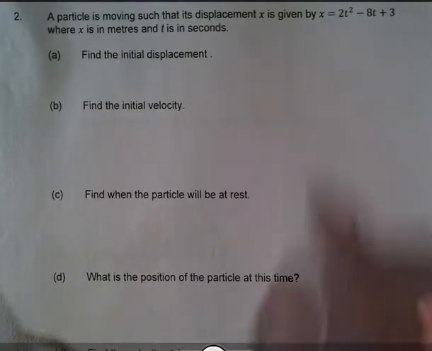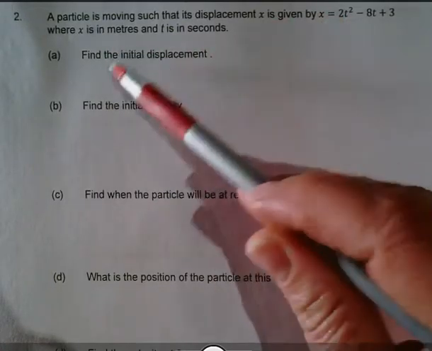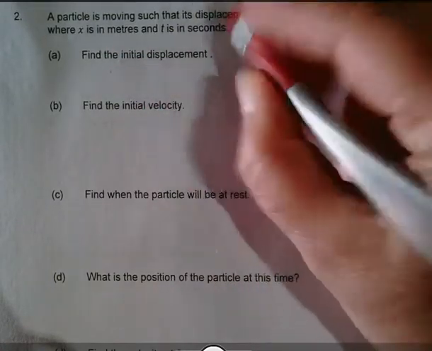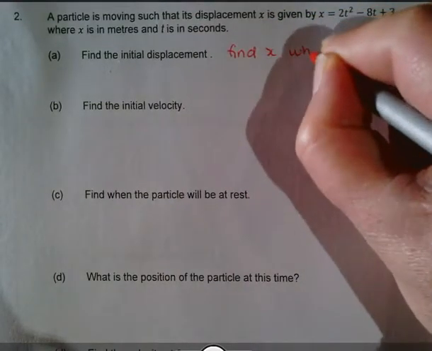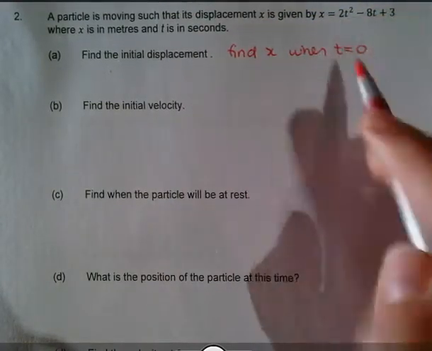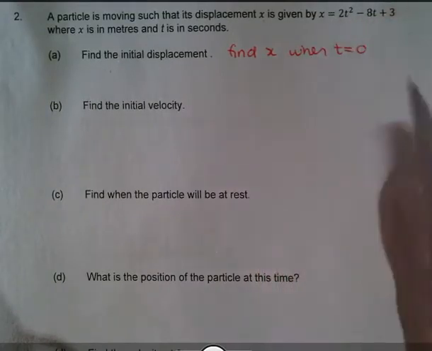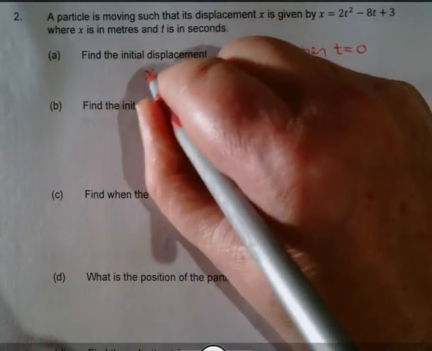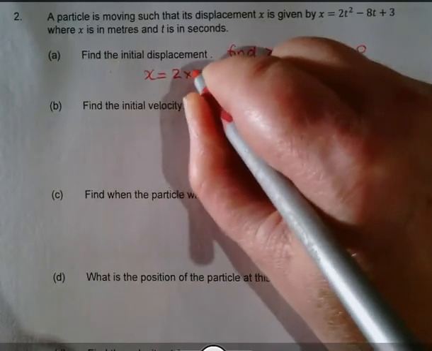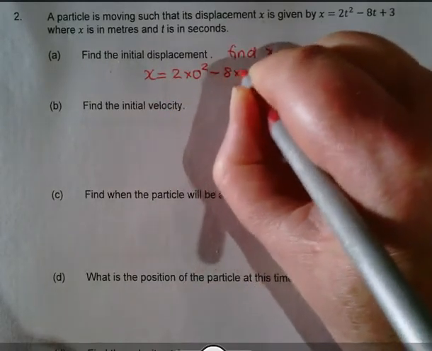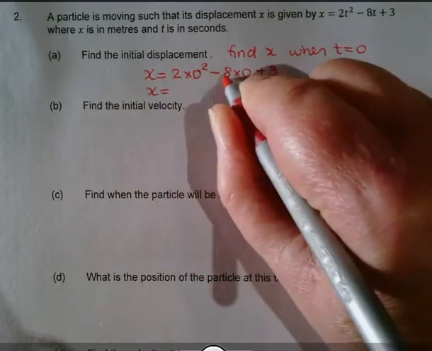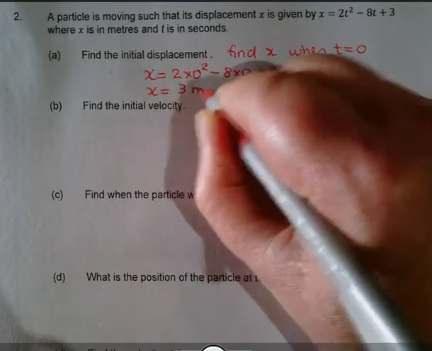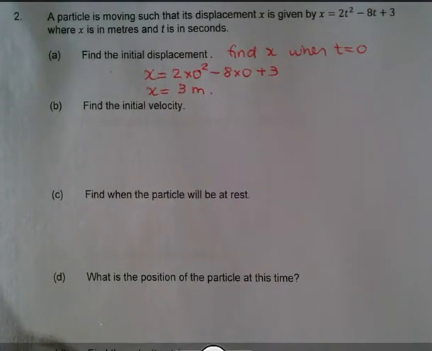Now the first question is to find its initial displacement. So that's asking me to find x, which is displacement, when t is 0. So I just substitute t is 0 into this equation. And I've got x equals 2 times 0 squared minus 8 times 0 plus 3. So it's 0 minus 0 plus 3, so it's 3 meters. So that's the initial displacement.